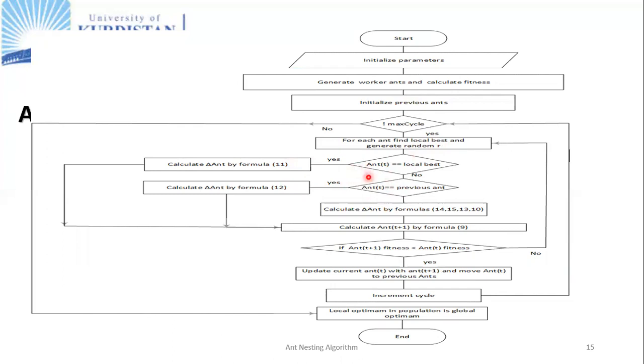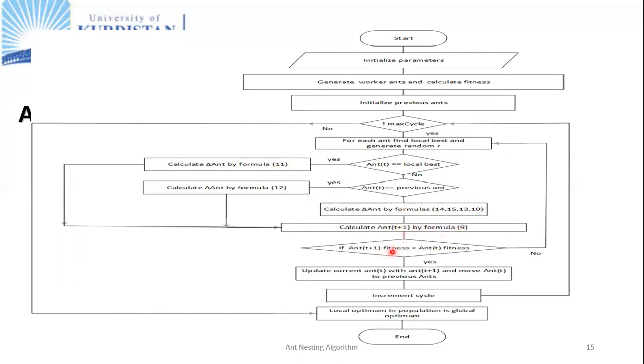In case these two conditions are not satisfied, then we automatically come to equations 14, 15, 13, and 10. For all three conditions, we use equation 9 to get the new solution.